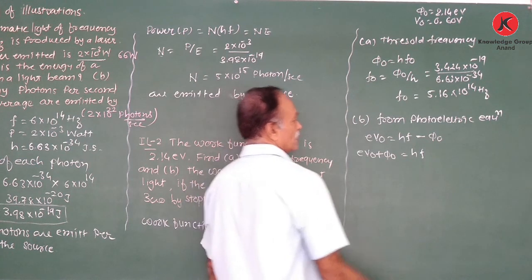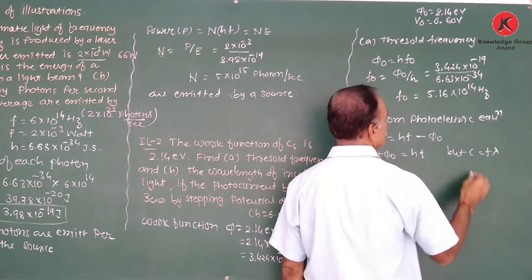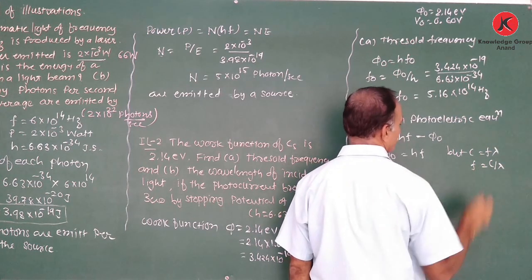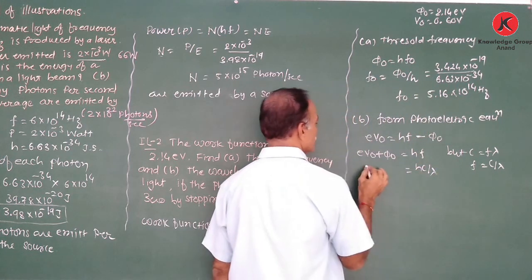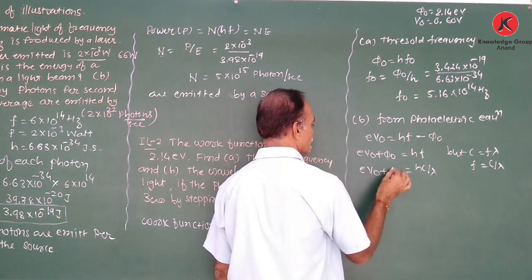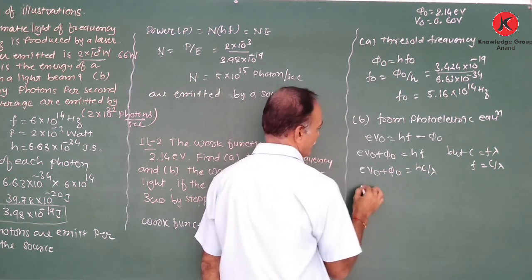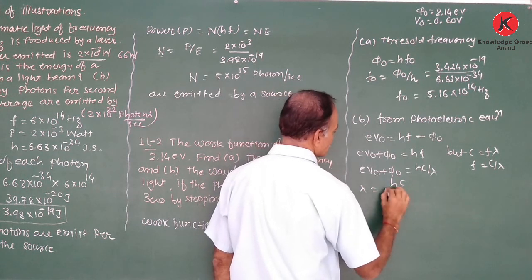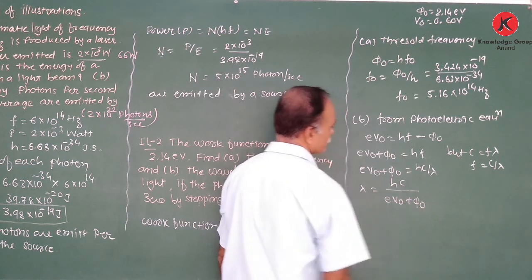We know that c is equal to f lambda. Therefore, f is equal to c upon lambda. Substituting here, h c upon lambda is equal to e V0 plus phi 0. Therefore, lambda is equal to h c upon (e V0 plus phi 0).